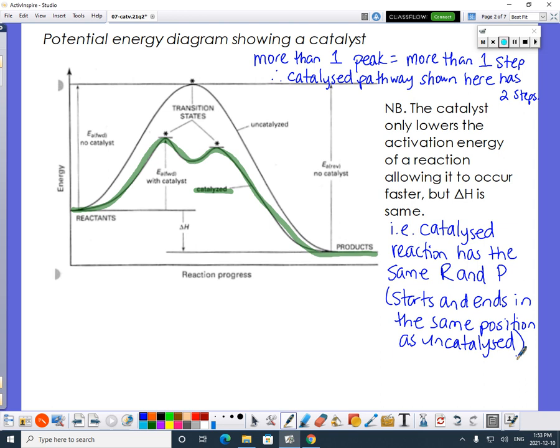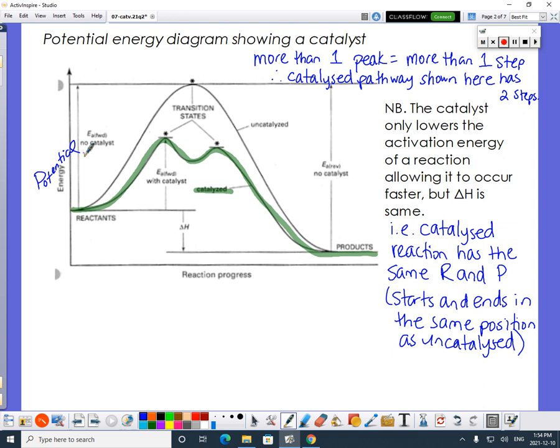We have drawn two peaks to take into account the idea that it provides an alternate mechanism, but also, not only do you want an alternate mechanism, overall, these peaks are lower than this big one. So that means then that overall, the activation energy is also lower, which is what we want, okay? I just realized this isn't printed. Okay, so that is potential energy.